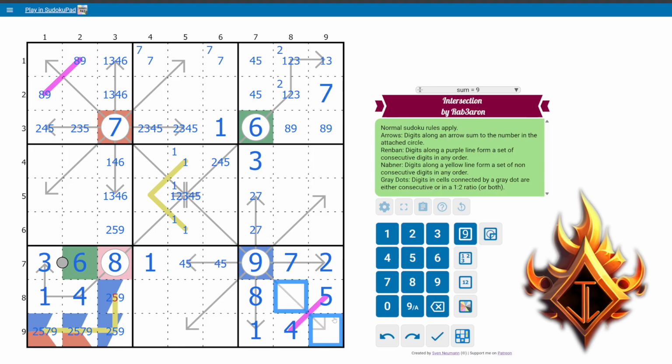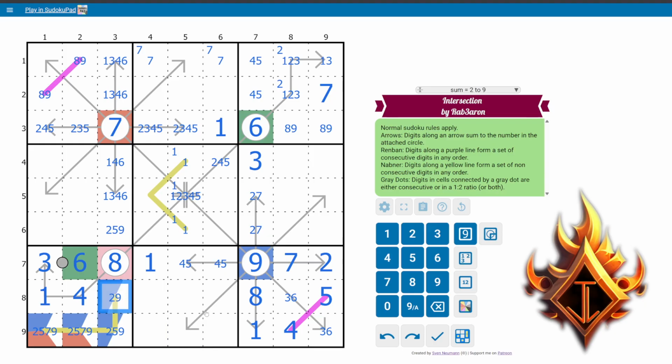So this becomes 3, 6. That is 2-9 now. This became 5-4. This cannot be 8-1, 7-2, or 6-3. If it was 7-2, 7 would go here, 2 would go there, 2 would go there.